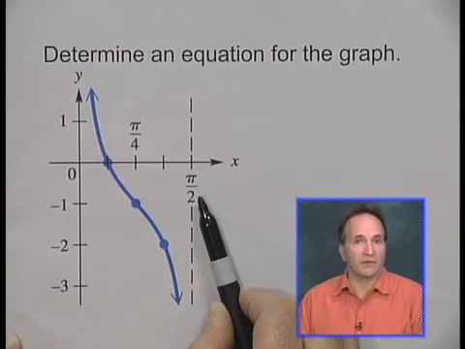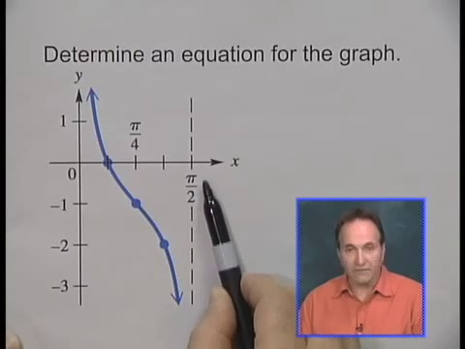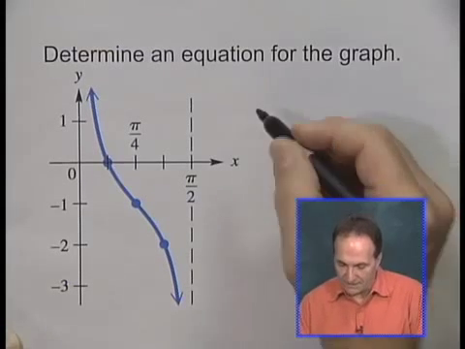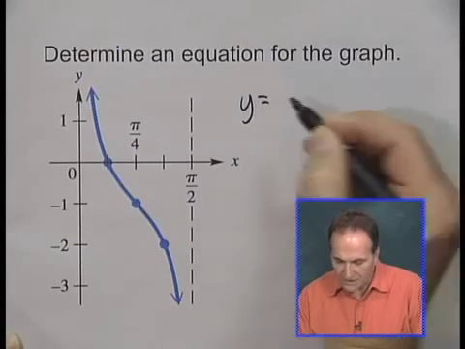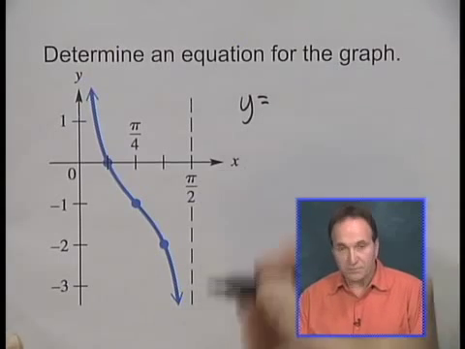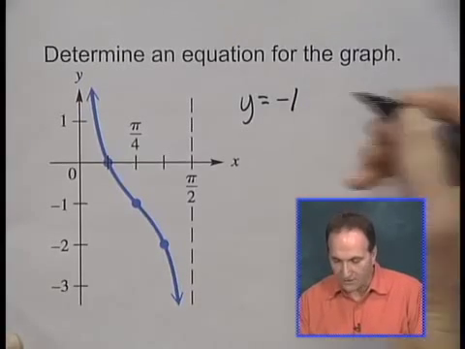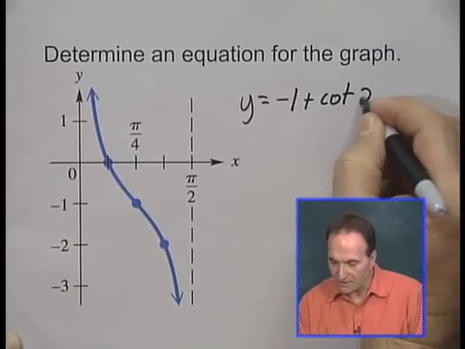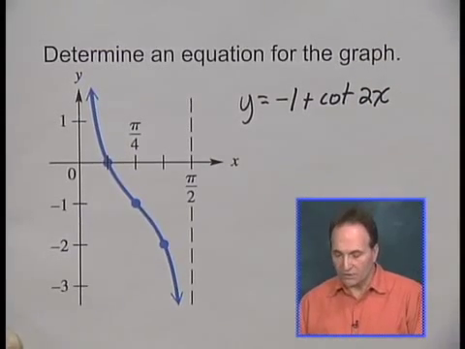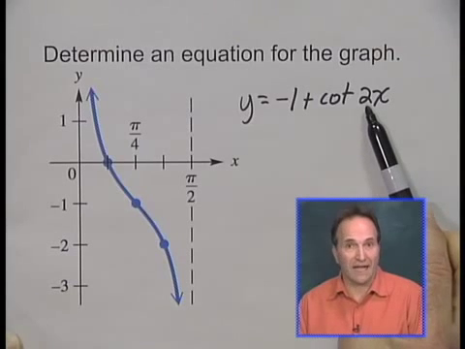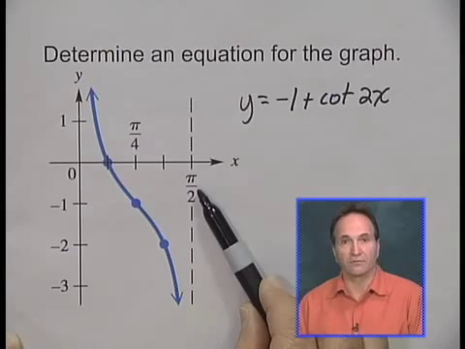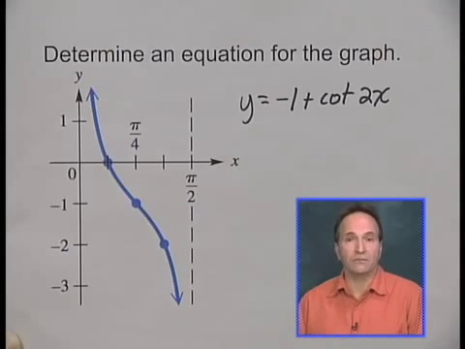Instead of the normal period of pi, we have half of it, or pi/2. So what we would have then is y is equal to, because it's been translated down 1 unit, negative 1, plus the cotangent of 2x, where the 2, which is the value for b, would then give us the correct period of pi/2. So y equals negative 1 plus cotangent of 2x.